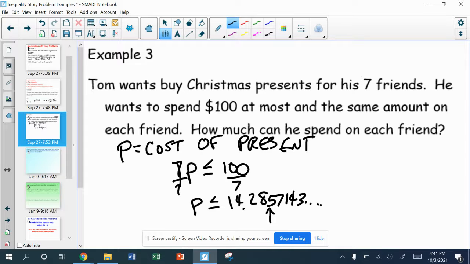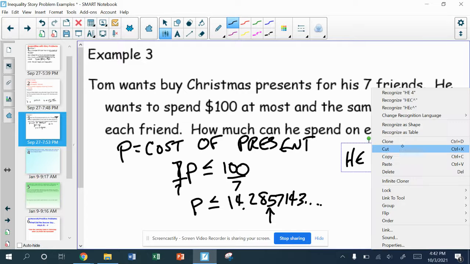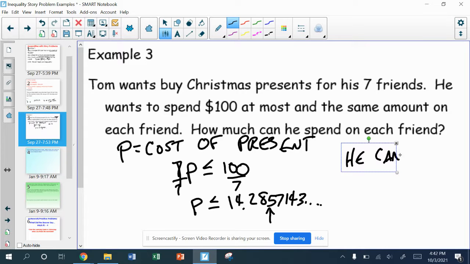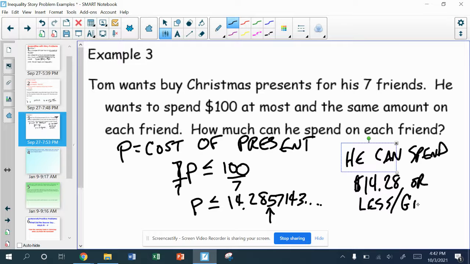So what we have to say is he can spend $14.28 or less per gift.